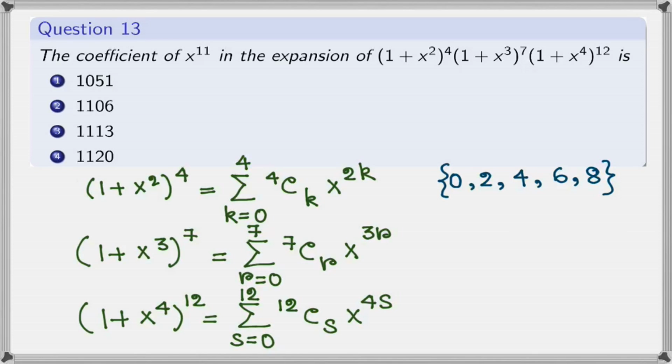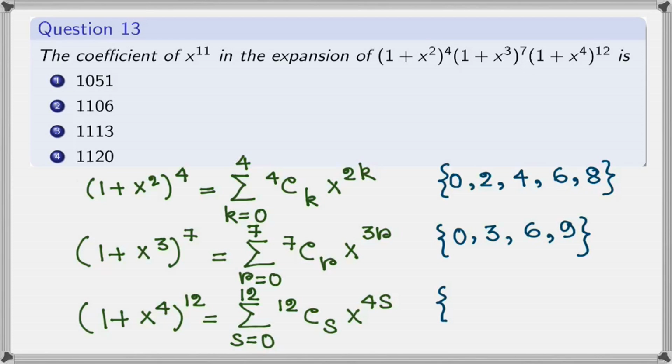And in the second sum the exponents are 0, 3, 6, 9 and then the next one is 12. Since we want to find the coefficient of x^11, we can discard that. So for us the possible choices of the exponents are these.